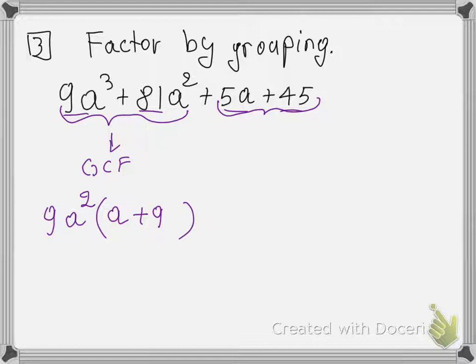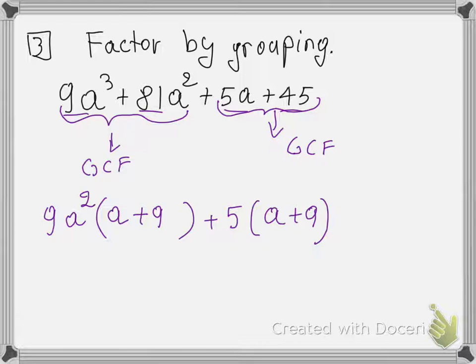Then we're going to factor the greatest common factor for the last two terms. Between 5a and 45, we have 5 as the greatest common factor. Then we're left with a plus 9.